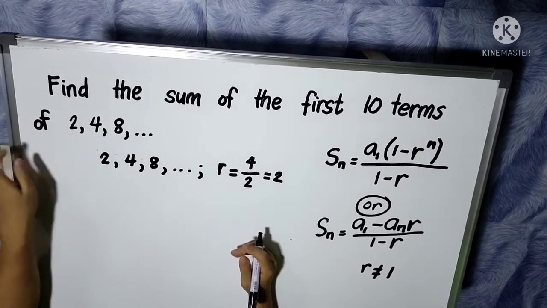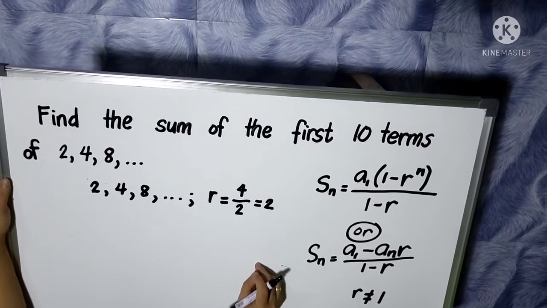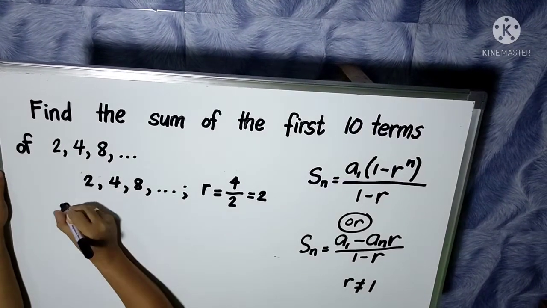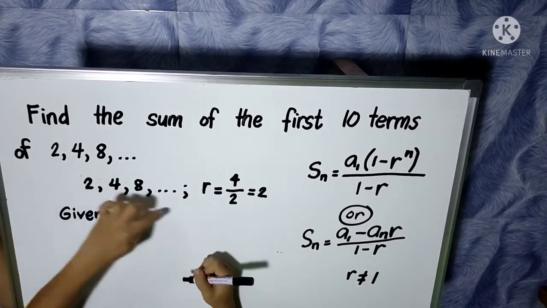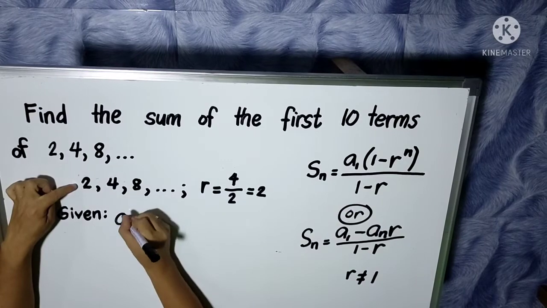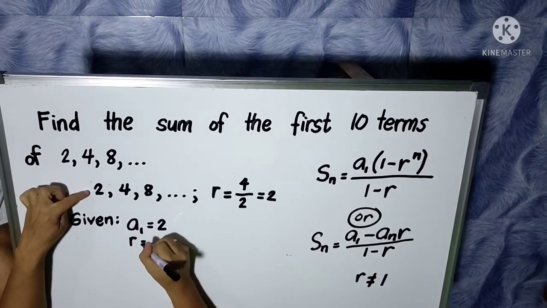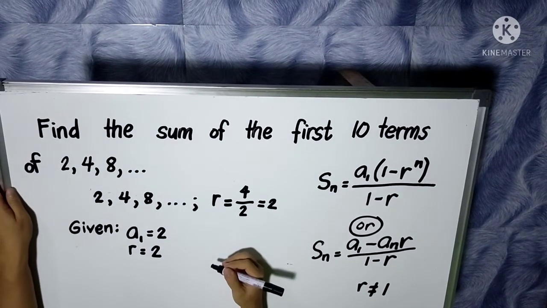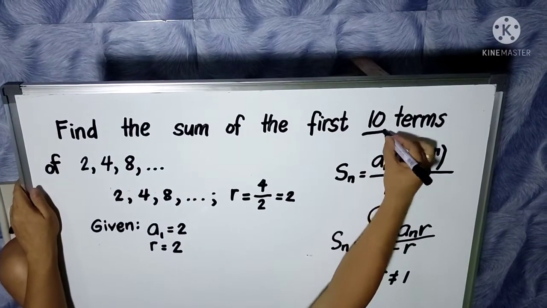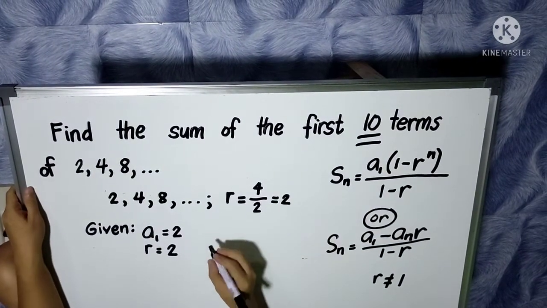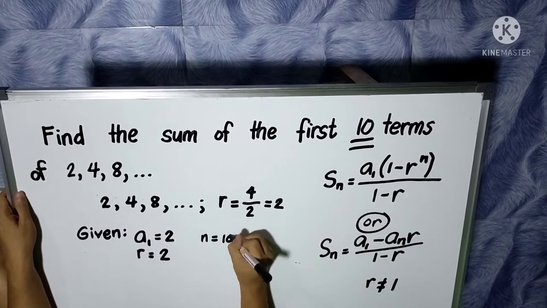To help you in determining which of the two can be used, you need to identify the given. In this case, we have our a sub 1, which is equal to 2, our r, which is equal to 2 also, and what else is given aside from a sub 1 and r? 10 terms. 10 terms correspond to your value of n, which is equal to 10.